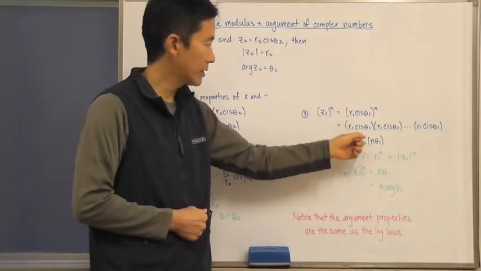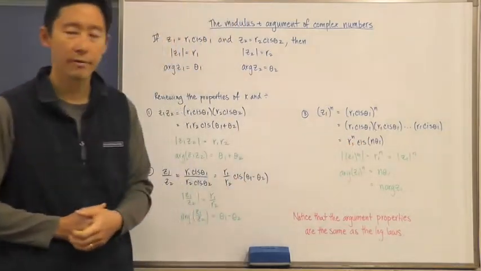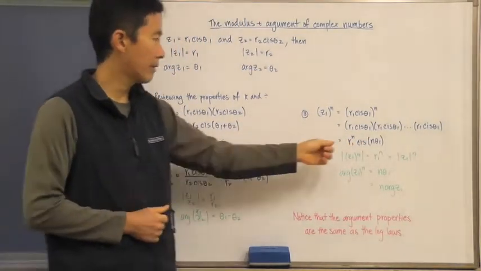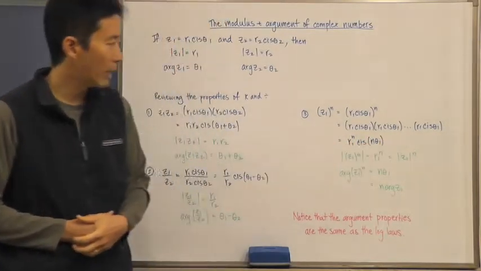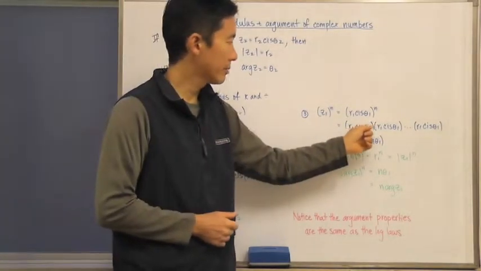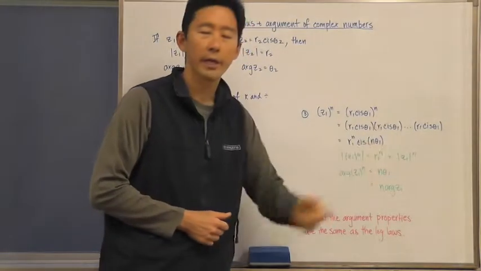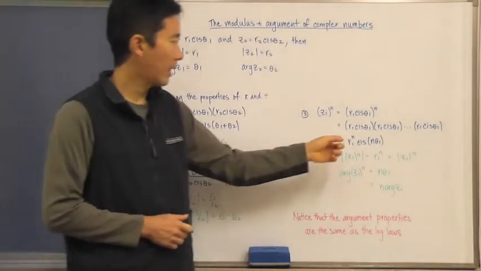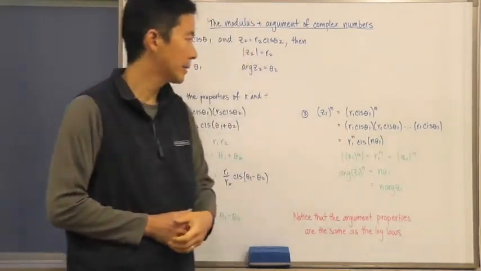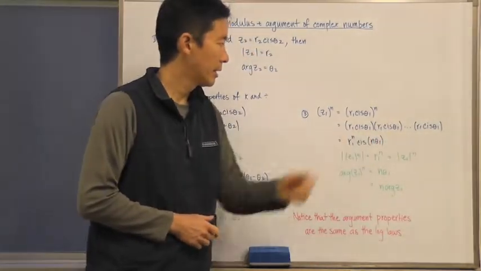Therefore, we have r sub 1 multiplied by itself n times, so r sub 1 to the n, and then cis of n times theta sub 1, because our rules of multiplication say that we just add all of the thetas together, and as there are n factors, we have n theta sub 1.